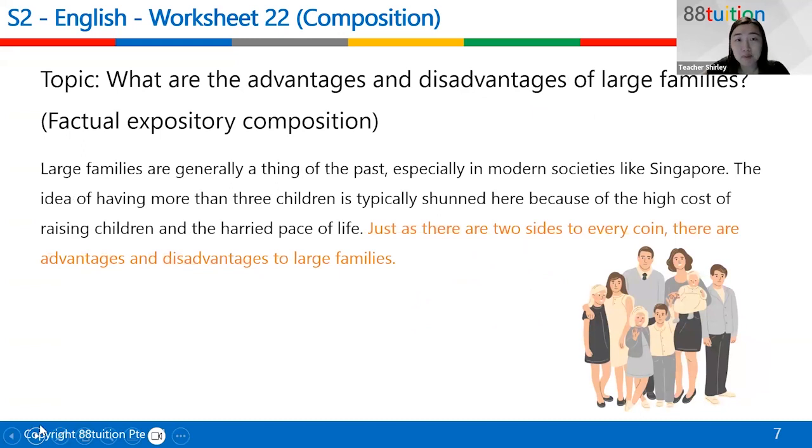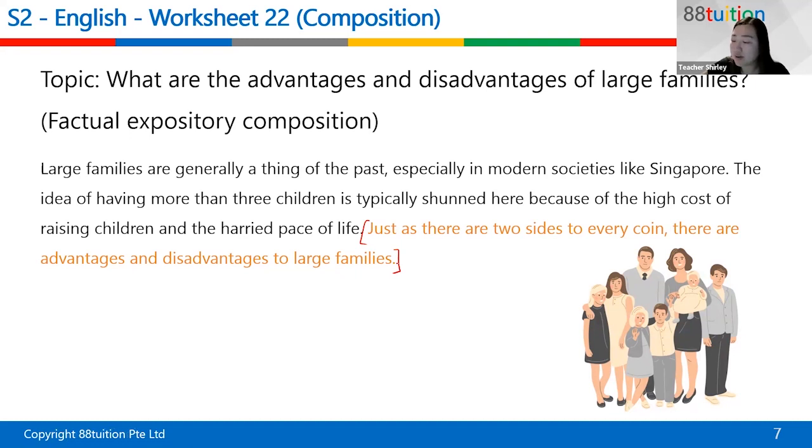The second example: what are the advantages and disadvantages of large families? That's the topic. Let's read the example. This is an introductory paragraph. Again, the thesis statement is highlighted in orange.